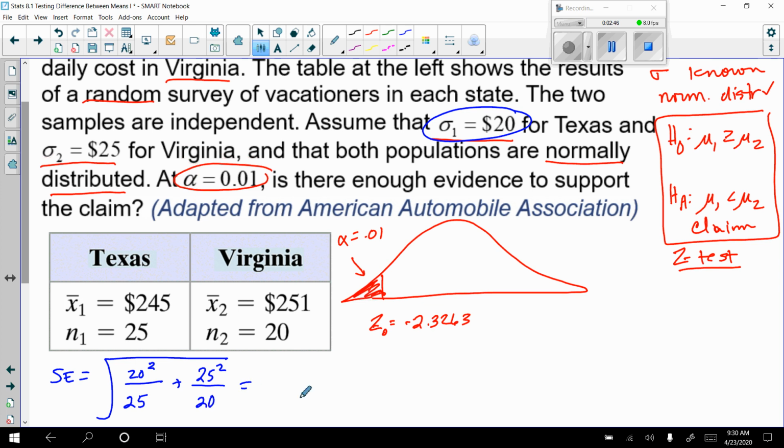Putting those in the calculator, you get 6.8738635342.